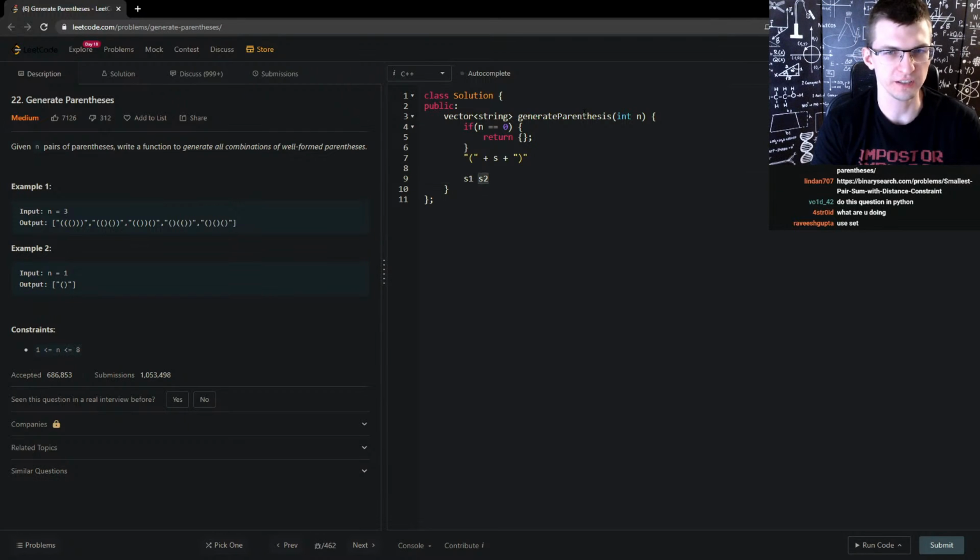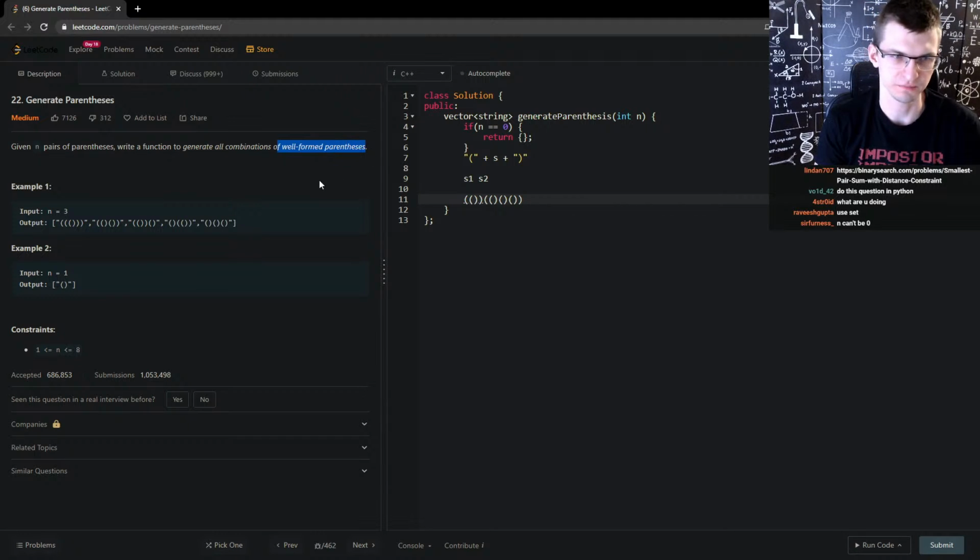Like an example of this is where you do, I don't know, this. Right? This is a good bracket sequence, or what do they call it? Well-formed parentheses, whatever. In programming, you call it a bracket sequence or something like that.